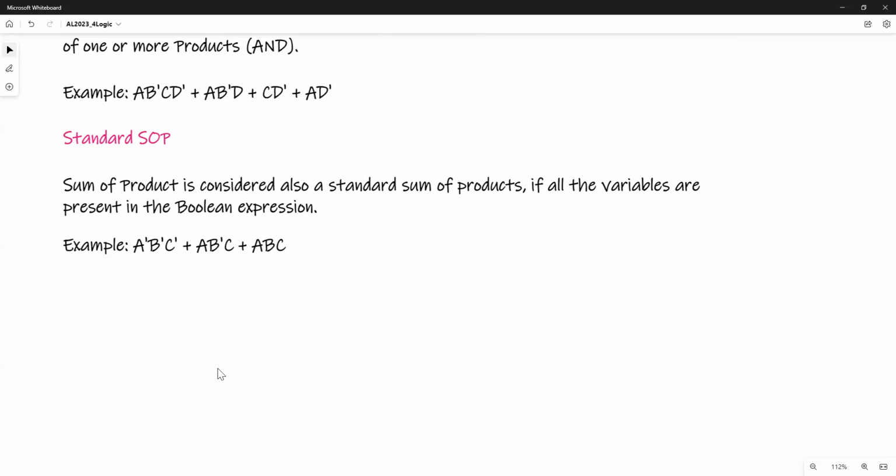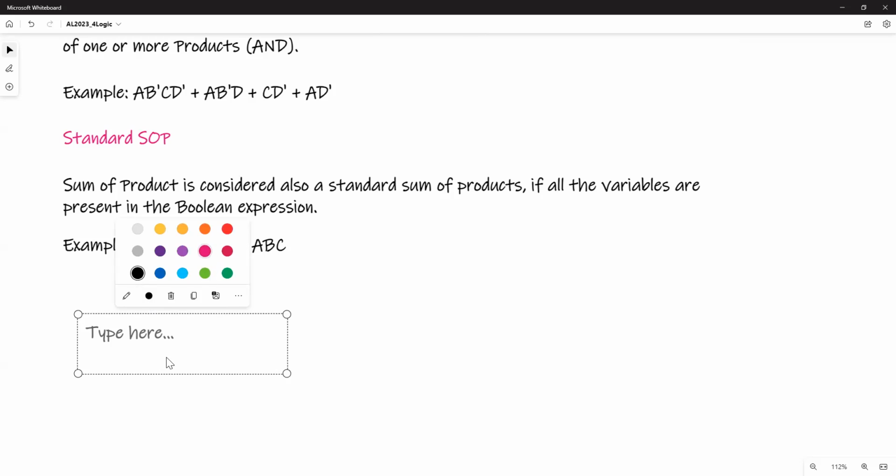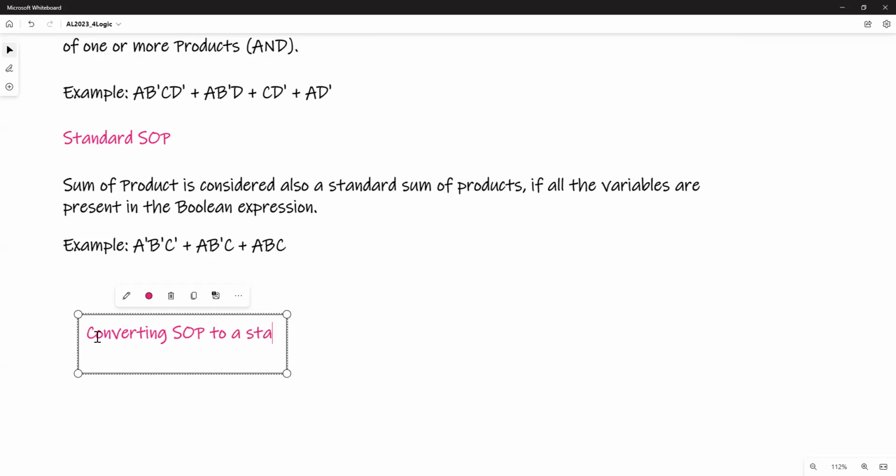Okay, so to say that, let me take another topic. We'll say, okay, conversion. The converting of SOP to a standard SOP.